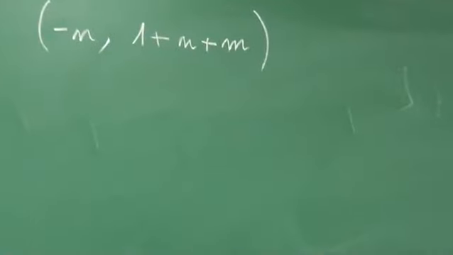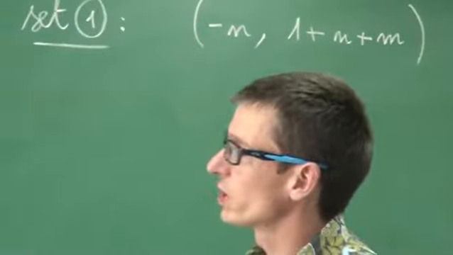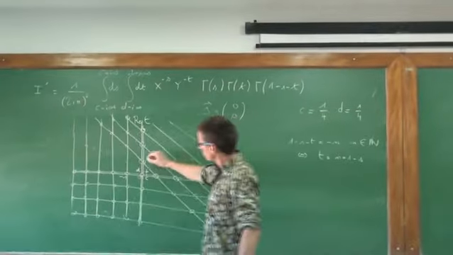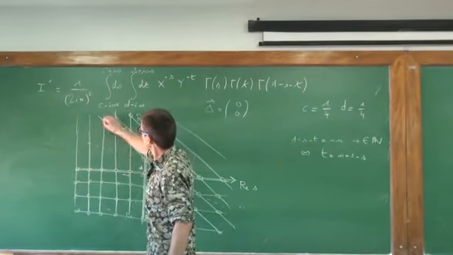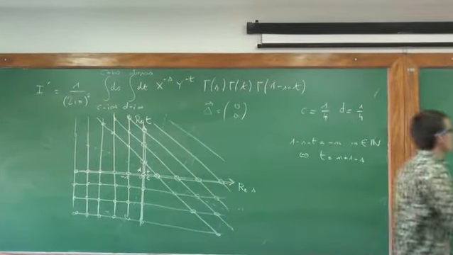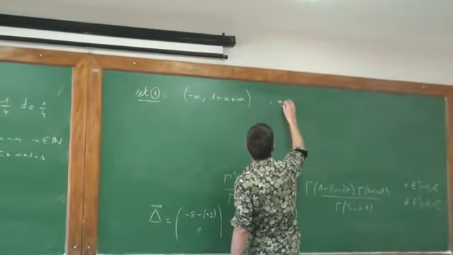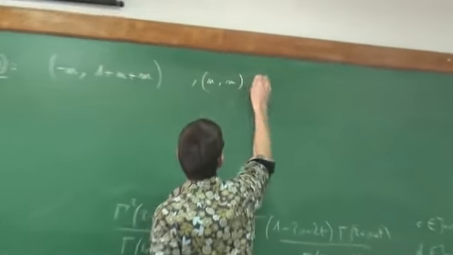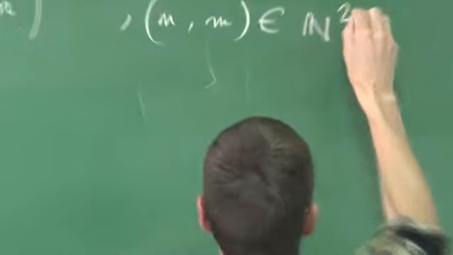Okay? So this is where we have all our points, by taking n and n in N squared.